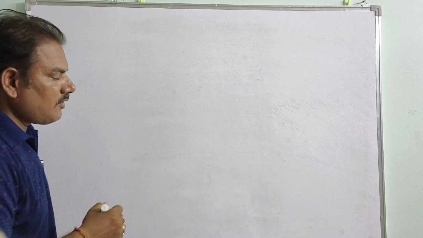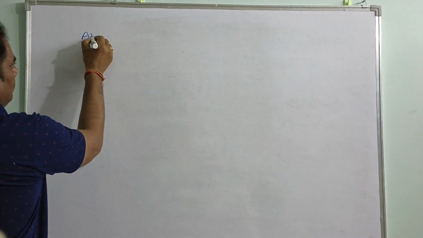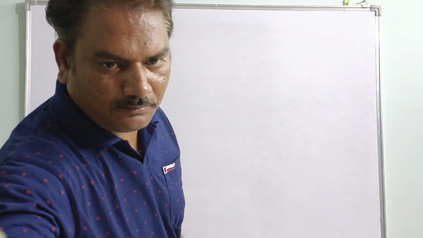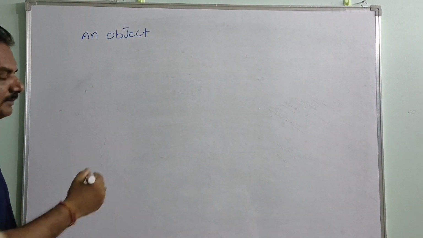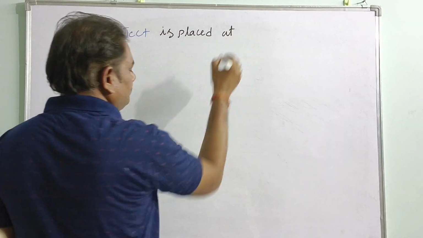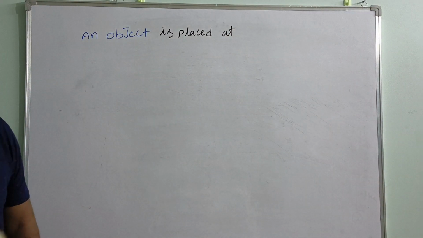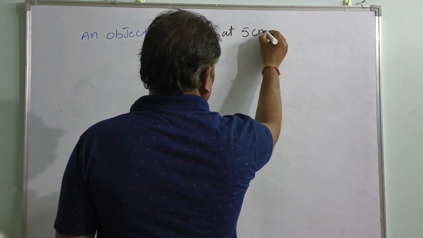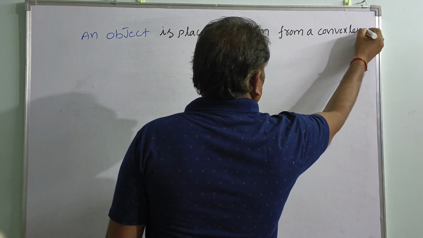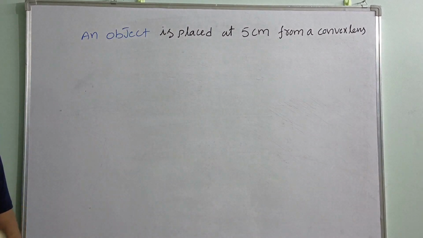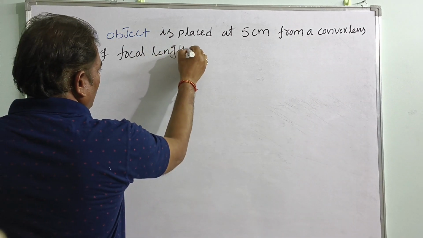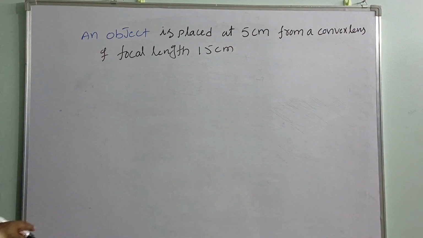So, problem: an object is placed at 5 centimeters from a convex lens of focal length 15 centimeters.